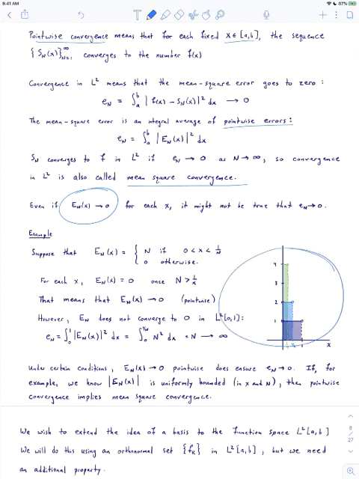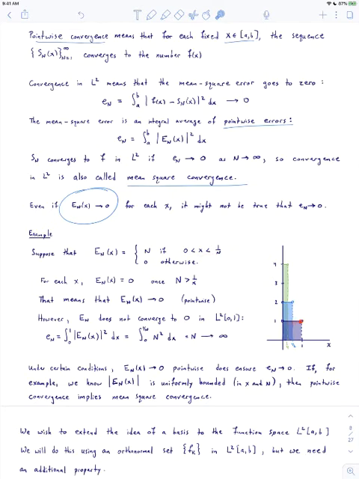You can see that we've drawn a couple of pictures here. When n is equal to 1, the graph is this square region here. It's not the whole square, it's just this line. So when n is equal to 1, the pointwise error is 1 for x between 0 and 1.